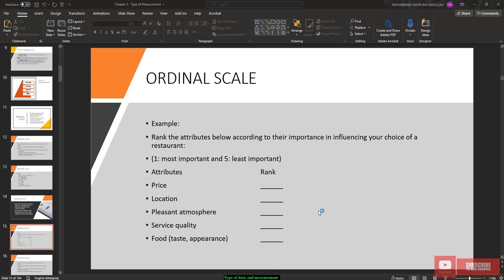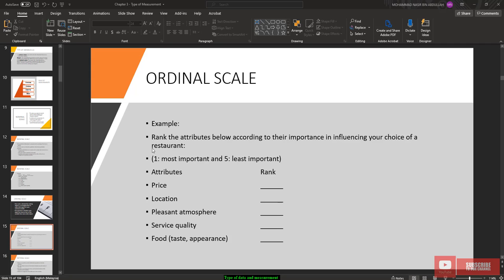For example, let's say rank the attributes below according to their importance in influencing your choice of restaurant. So the respondent can rank whether location is number 1, number 2 is pleasant atmosphere, then service quality, food, and price. So this is an example of an ordinal scale.